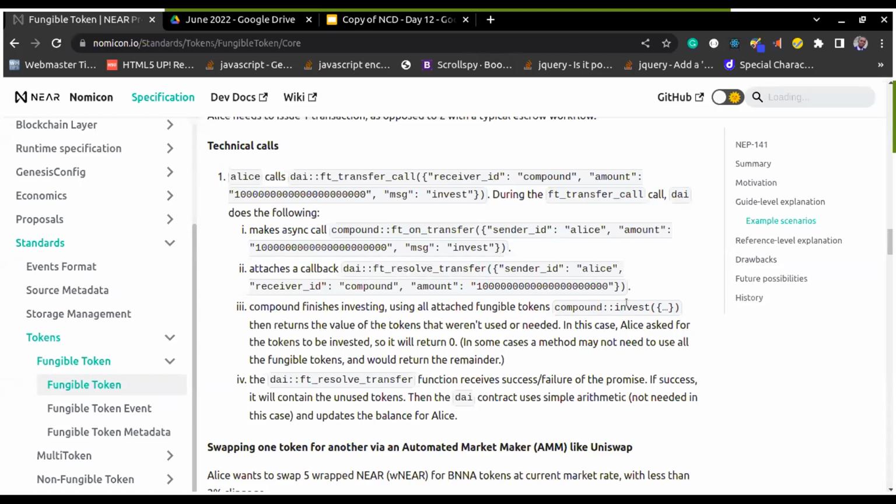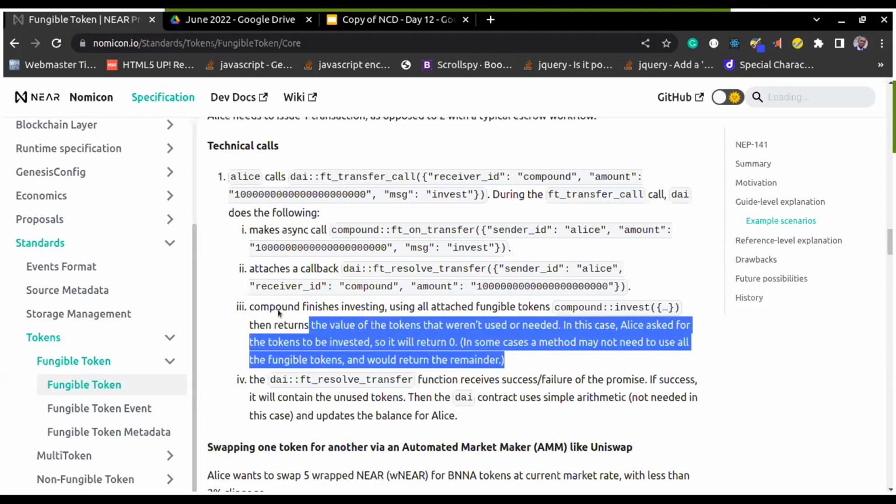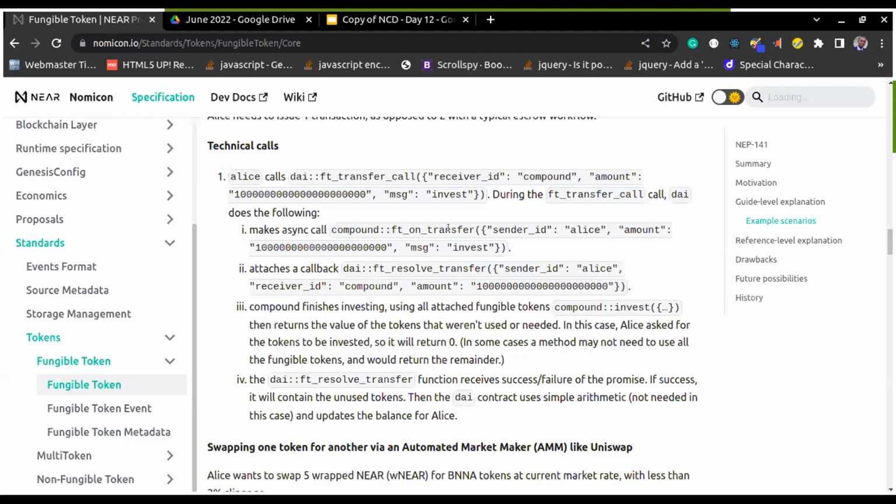So this is a function within the compound smart contract, then returns the value of the tokens that were not used or needed. Okay, so in this case, Alice asked for the tokens to be invested, so it will return 0. Okay, now again, what this statement really means is Alice transferred some tokens to the compound smart contract with an aim to invest them.